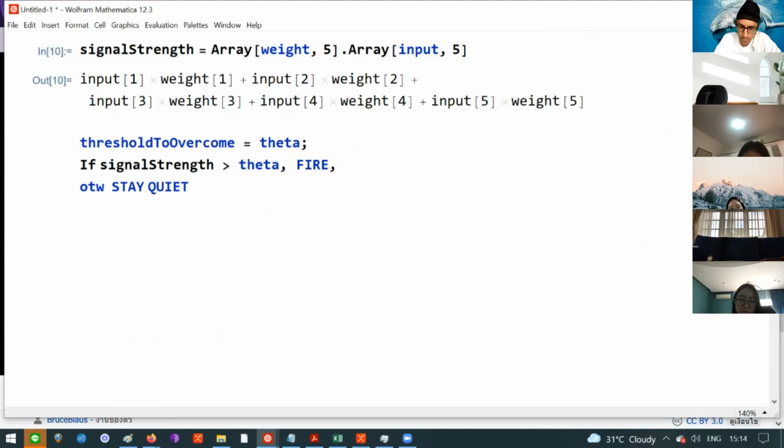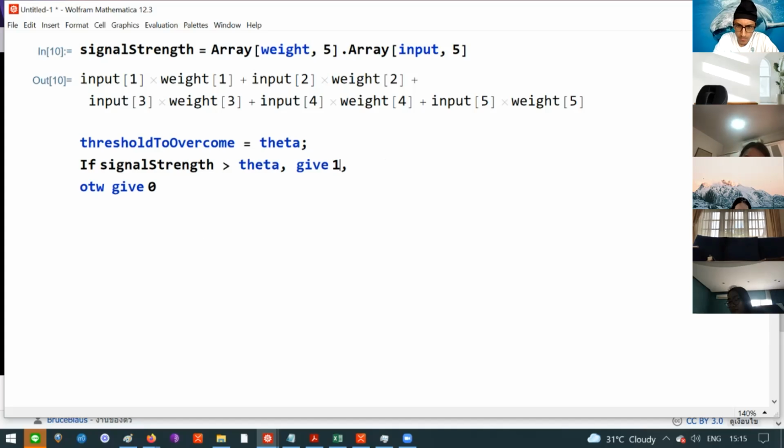Otherwise, stay quiet. What do I mean by staying quiet? I give 0. What do I mean by fire? I give 1.